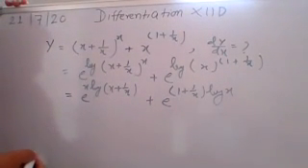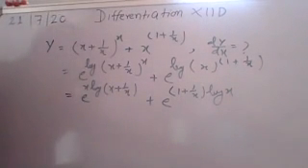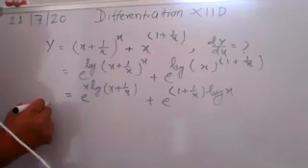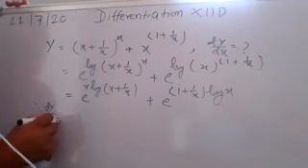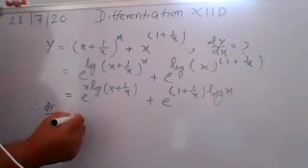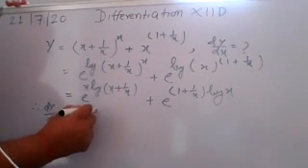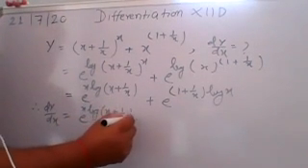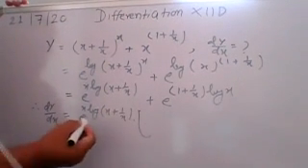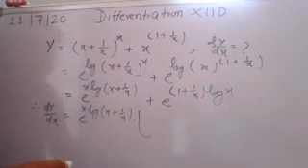Now differentiating with respect to x, the value of dy by dx is equal to e to the power x log (x plus 1 upon x) into the derivative of x log (x plus 1 upon x).